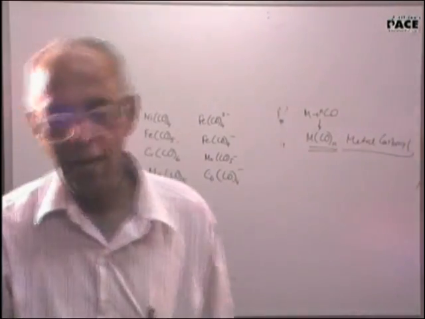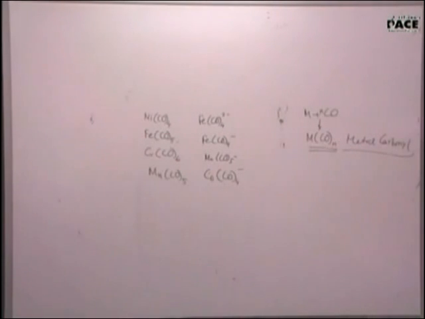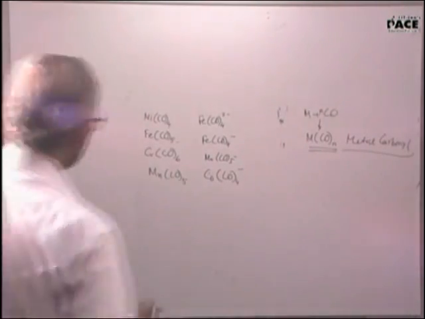Now I've written down some formulas. Not all are correct, okay? But you can see carbon monoxide is a neutral ligand. There is no charge on carbon monoxide. So what is the oxidation state of nickel? 0.